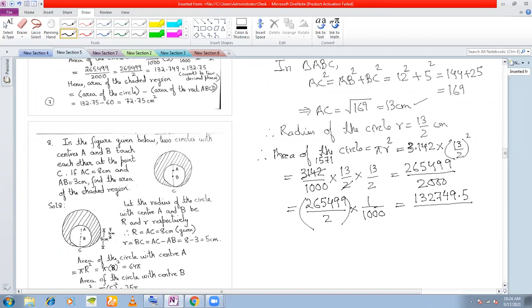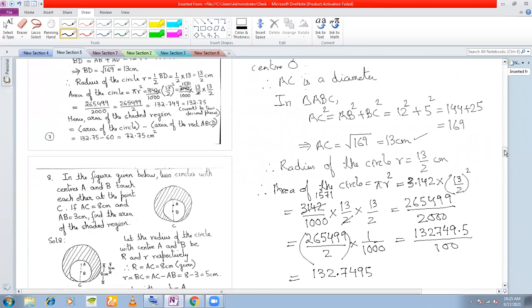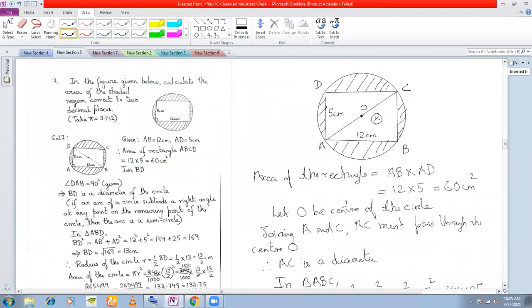And you have 1000 divided by 1000. So now it is easier to calculate. Now you can shift 3 places of decimal to the left to get 132.749, and you can write 5 also, no problem. But they have asked you only correct to how many decimal places? They have asked you correct to 2 decimal places, right?